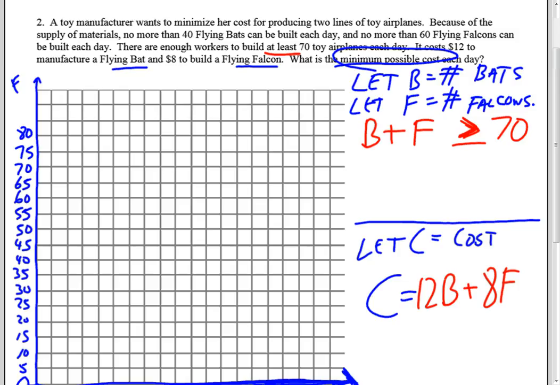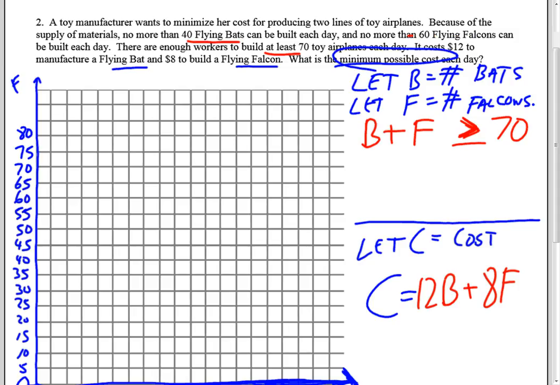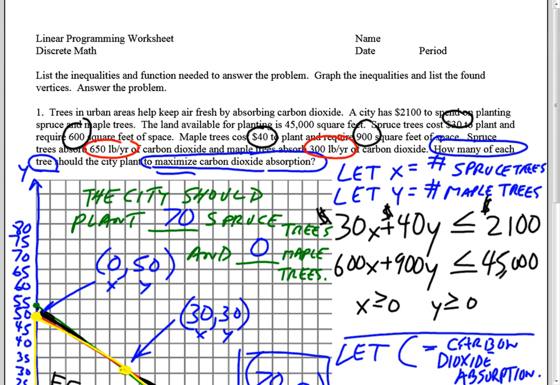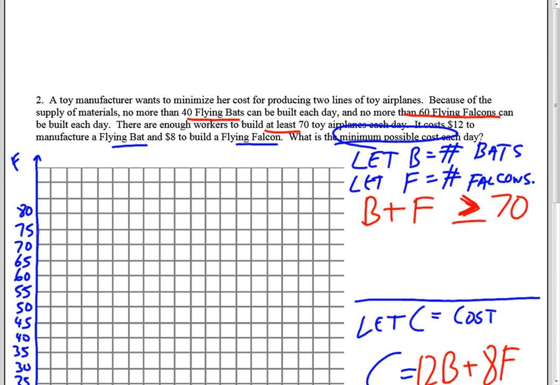This is okay because we now have two separate little inequalities. On the previous page, we had x had to be more than or equal to 0, and y had to be more or equal to 0. Here, we're saying that the bats have to be less than or equal to 40.